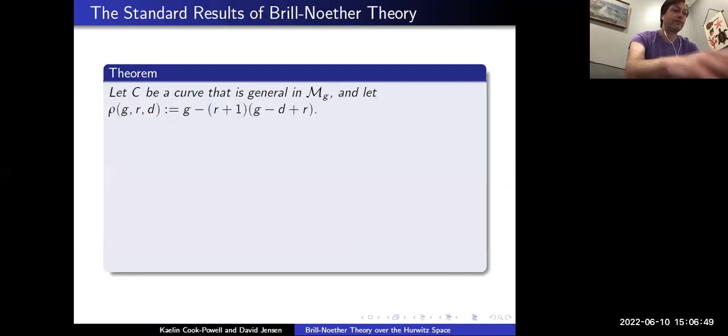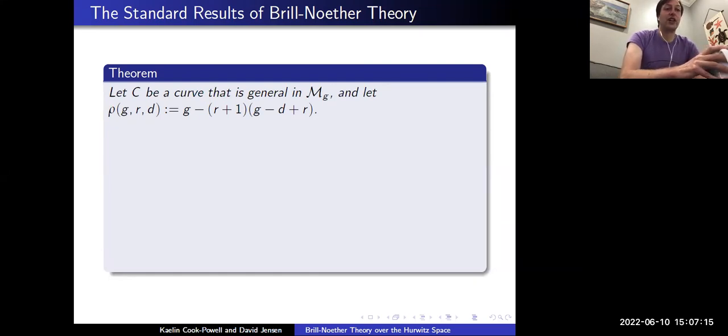The kinds of questions that I was just posing have known answers in the case where C is sufficiently general in the moduli space of curves.